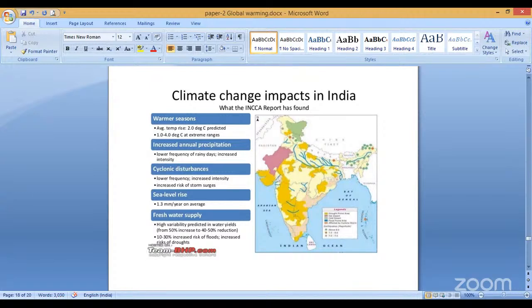Cyclonic disturbances: lower frequency but increased intensity, raising the risk of strong storm surges, and sea level rise of 1.3 mm per year on average. Fresh water supply: high variability in water yields, with a 40 to 50% reduction, or a 10 to 30% increase in the risk of floods, and an increased risk of drought.